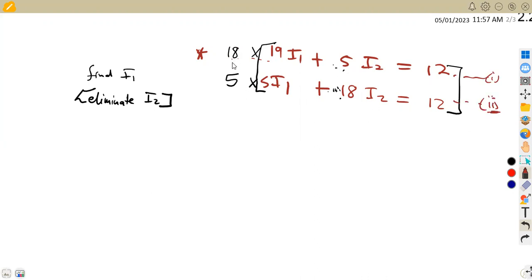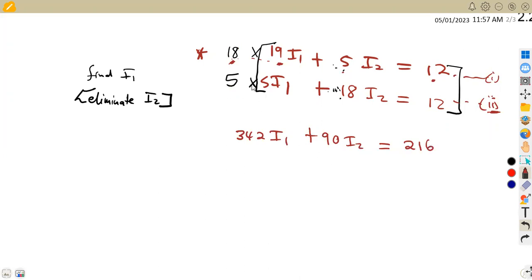All right. So that's 18 times 19, which is going to give us 342 I1. Then we've got 18 times 5, which is going to give us 90 I2. On the other hand, 18 times 12 is going to give us 216.